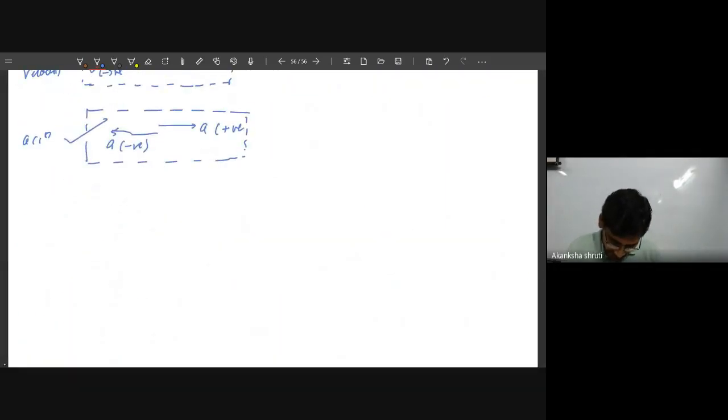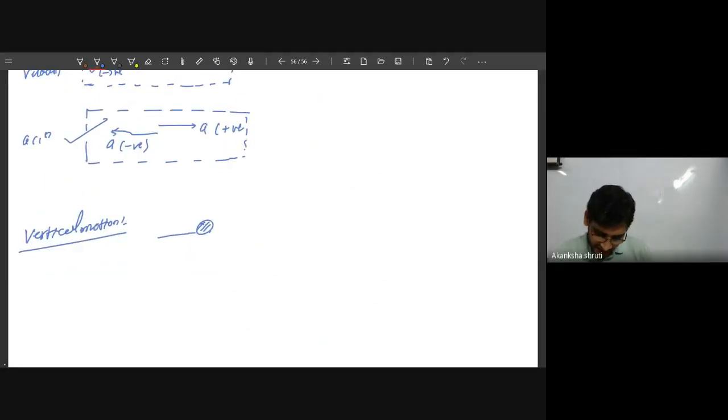Similarly, for the vertical motion, vertical linear motion, if we are considering an object which is falling from a certain height, so this is the building. From this building, at a certain height, this object is going to fall.